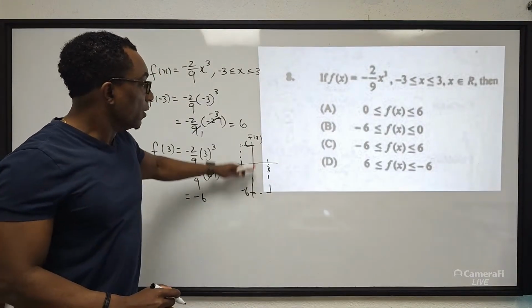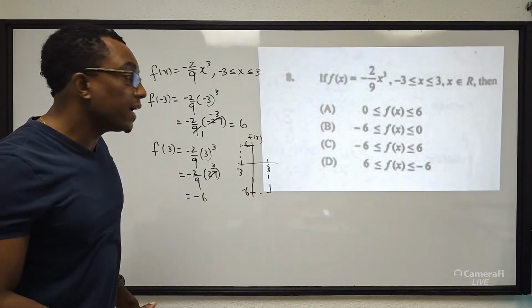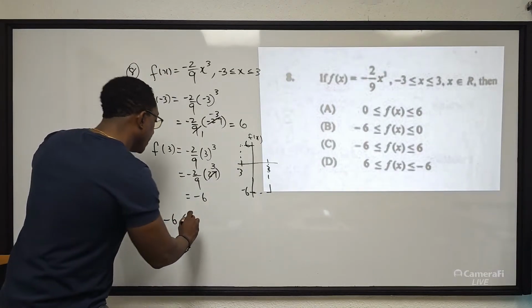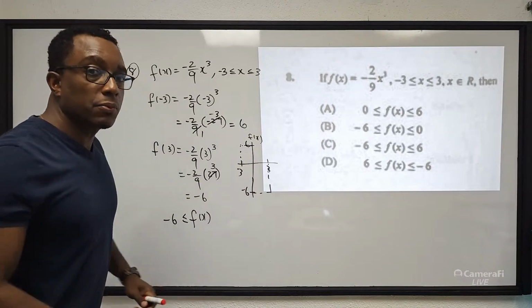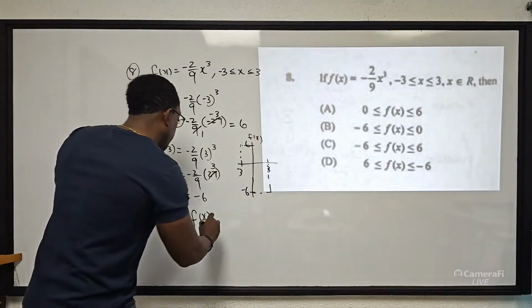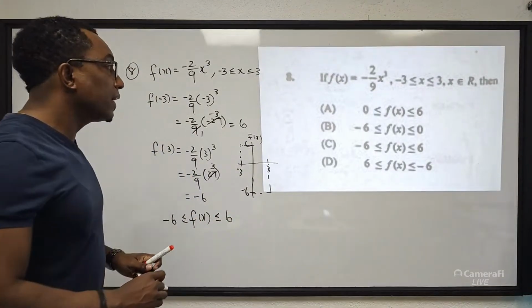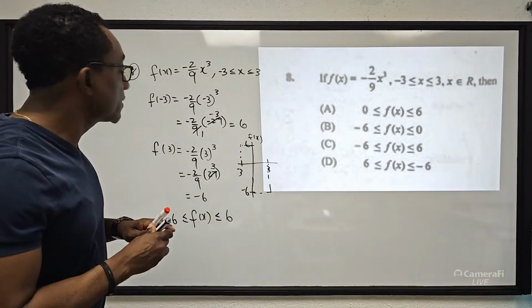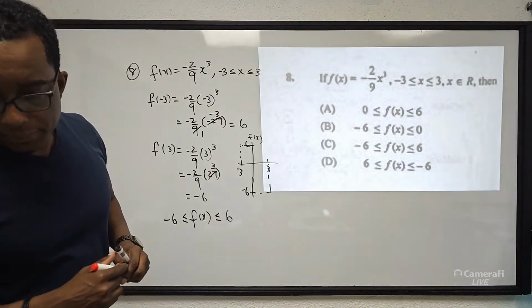So therefore the lowest to highest value along the y-axis, we're going to write it as negative 6 is less than or equal to f of x. F of x means y, which is less than or equal to 6. So our answer there, negative 6 is less than or equal to f of x, which is less than or equal to 6. So question 8, our answer.